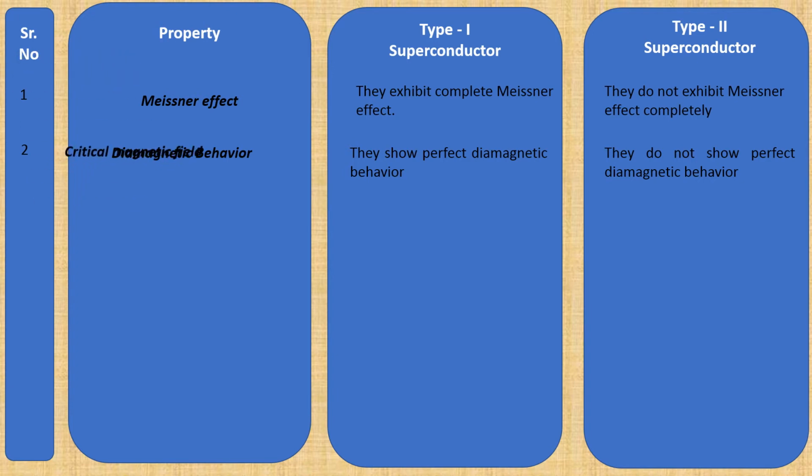Next point is the critical magnetic field. You also know what the critical magnetic field is: the minimum magnetic field required to destroy the superconductivity. A type 1 superconductor has only one critical magnetic field, meaning it has a particular single value, and if the external magnetic field equals that value, the superconductor loses its superconductivity.